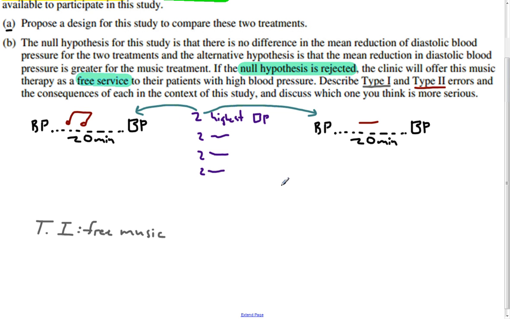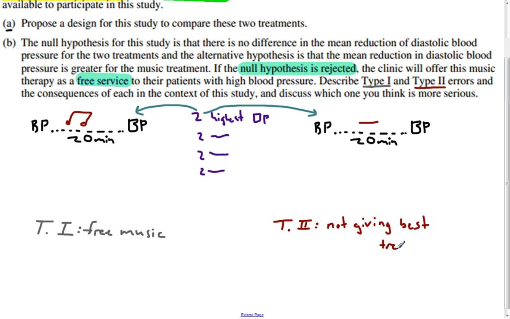So if we had a type 2 error, then our problem would be not giving people the best therapy, so not giving the best treatment. And if we didn't give the best treatment, well, that could have effects on our patients. So that might not be such a good thing.